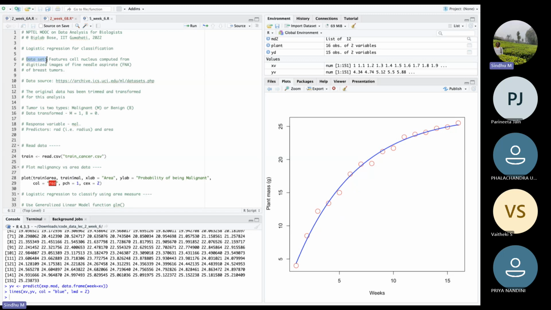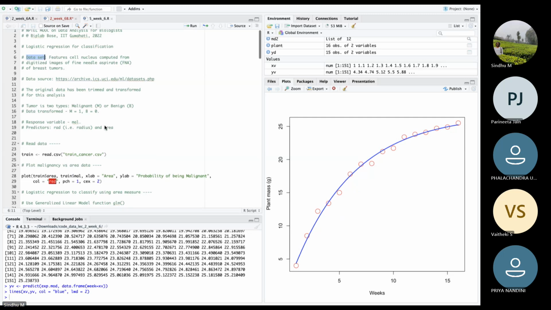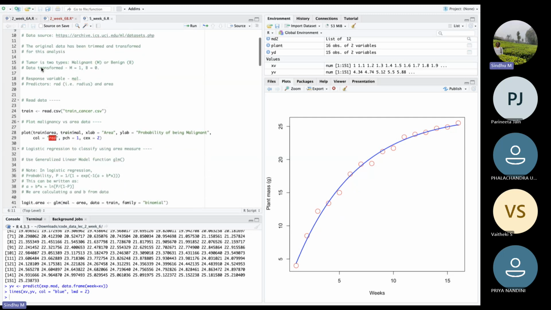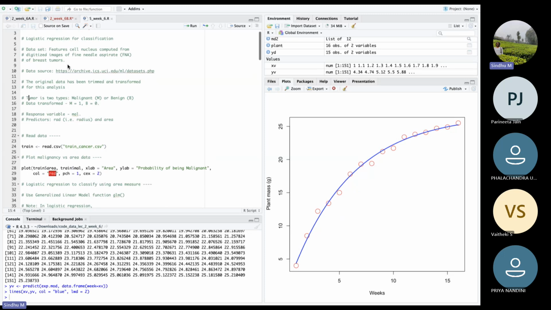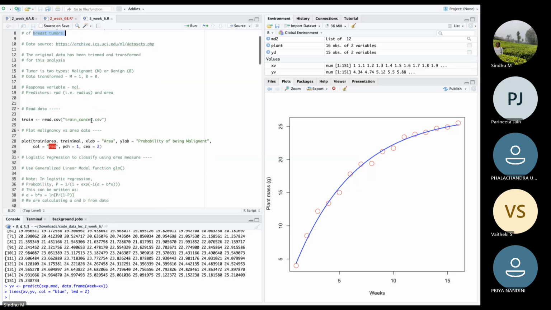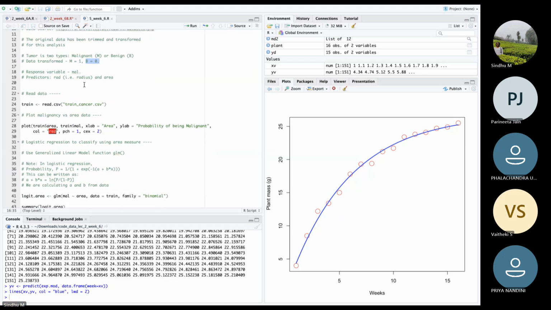This is the data set that we have, which has cell nucleus features from some digital images of breast tumors. This original data has been trimmed by some analysis. The tumor can be of two types, malignant or benign. Malignant is defined as 1 and benign is defined as 0.